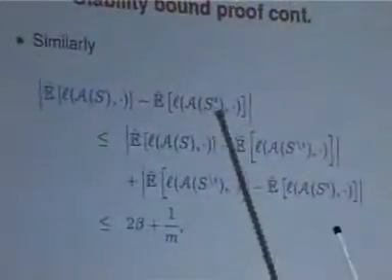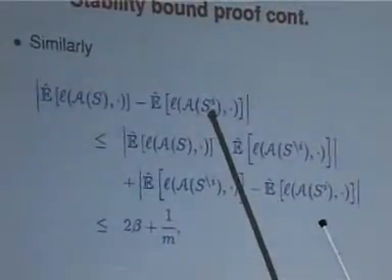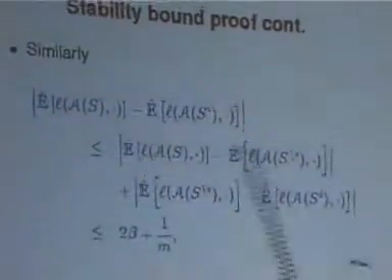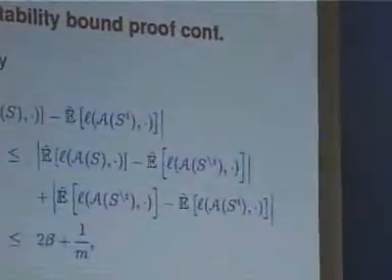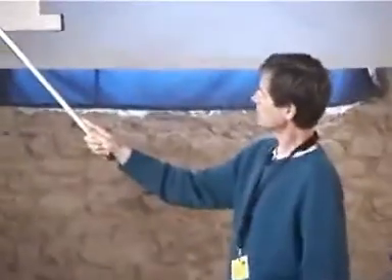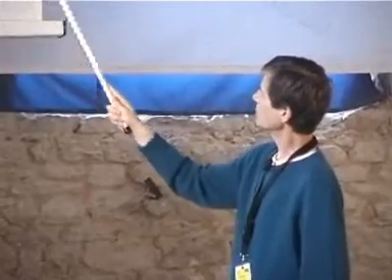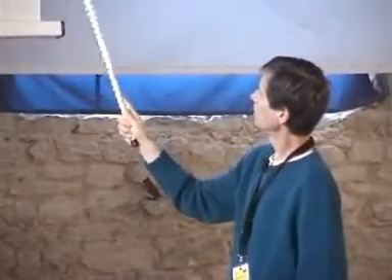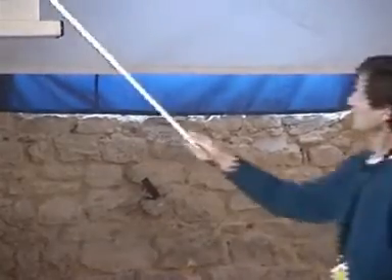Now the empirical case is a little more complicated. Here we've got the empirical term and the empirical term with the substituted example, and again we remove it and then replace it, so it's the same idea. We get the 2 beta because the amount of change on all of the other examples is at most 1 over m in this estimation.